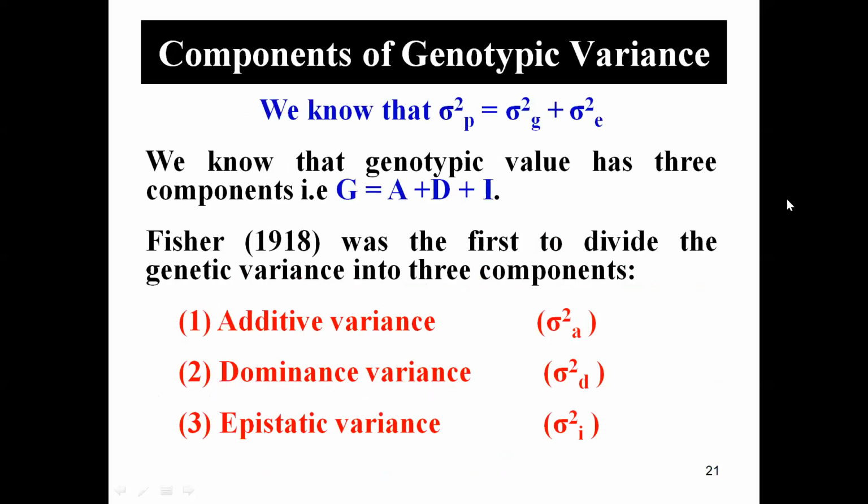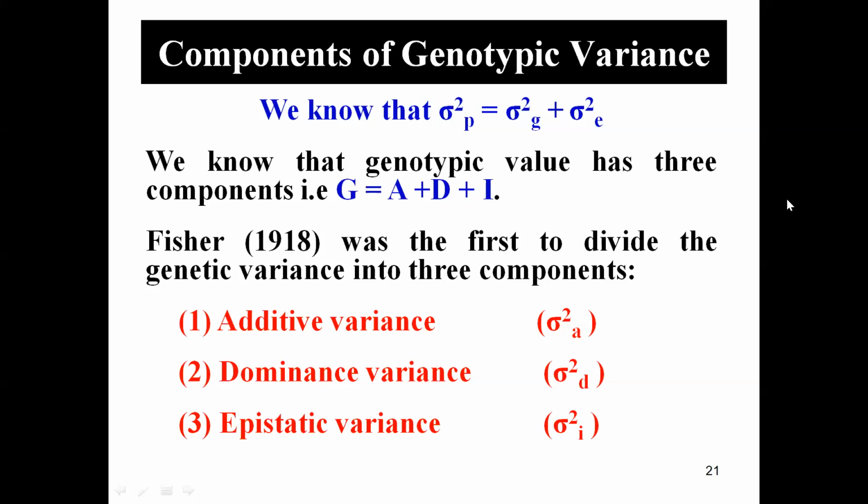Now, components of genotypic variance. We studied that phenotypic variance is equal to genotypic variance plus environmental variance. But we know that genotypic value has three components, as we have studied in the previous class. G is equal to A plus D plus I. That is, genotypic value consists of additive value or breeding value, dominance deviation, and interaction deviation.